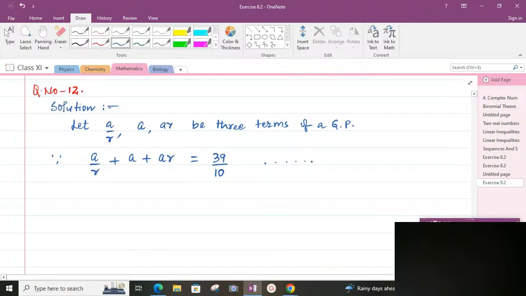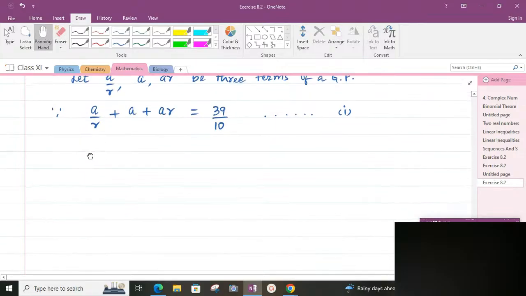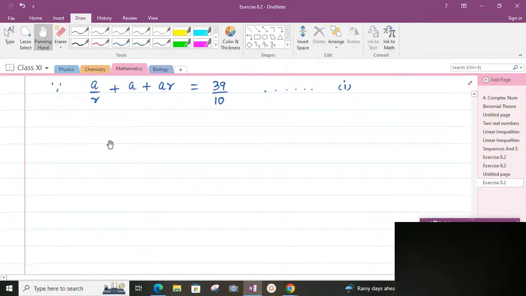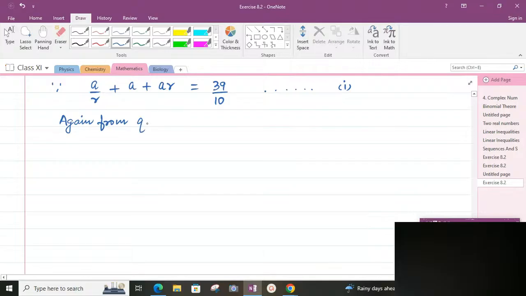Suppose this is equation number 1. Again from the question, their product is 1. So again from the question, a by r into a into ar equal to 1.